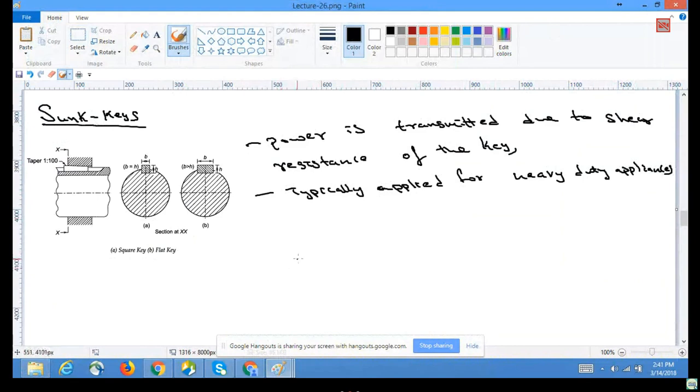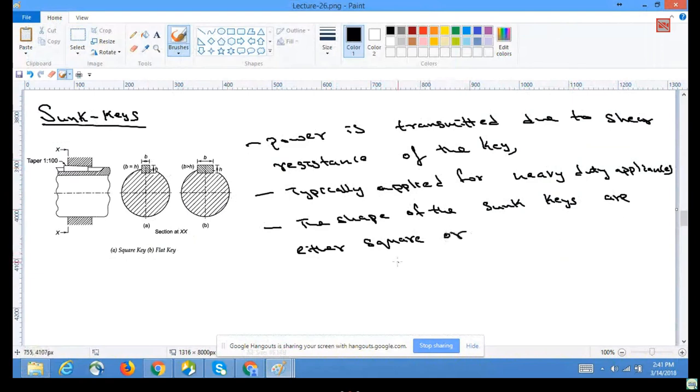Further, the shape of the sunk keys are either square like this, B and H are same, or rectangular.